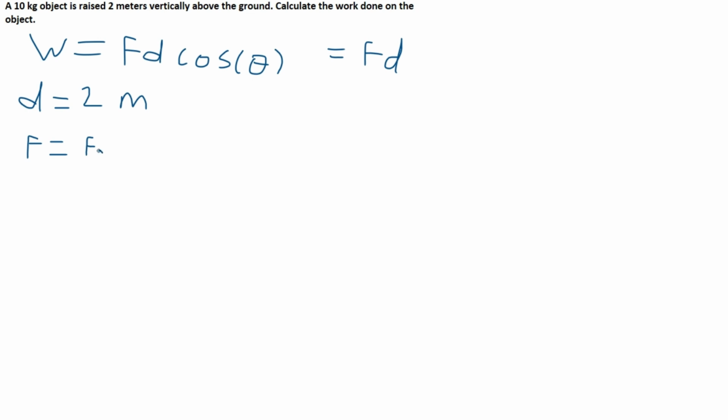So now let's calculate the force of gravity on the object. Since this is on Earth, we can just use this simple formula that the force of gravity is equal to the mass times the acceleration due to gravity. So then this is equal to 10 kilograms multiplied by 9.81 meters a second squared, equaling 98.1 newtons.